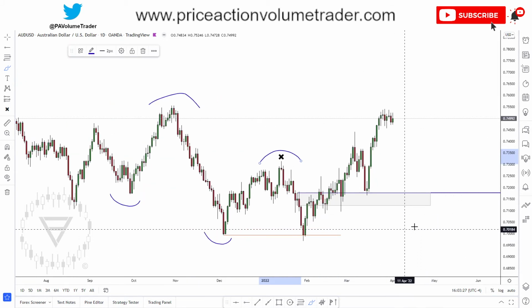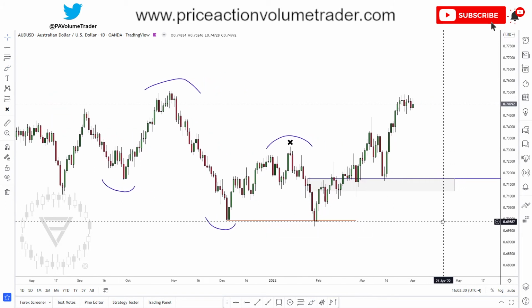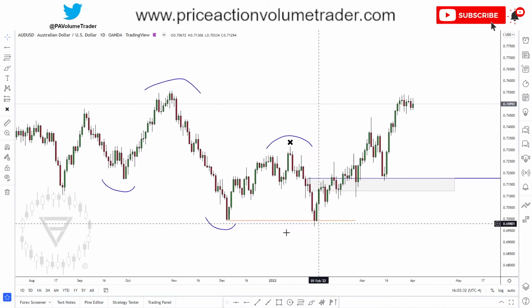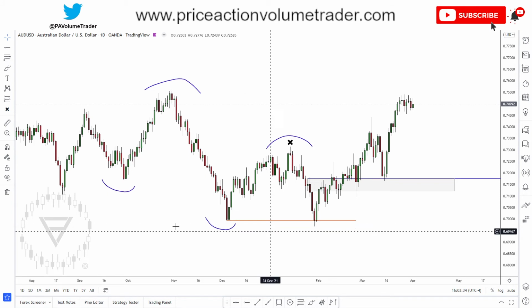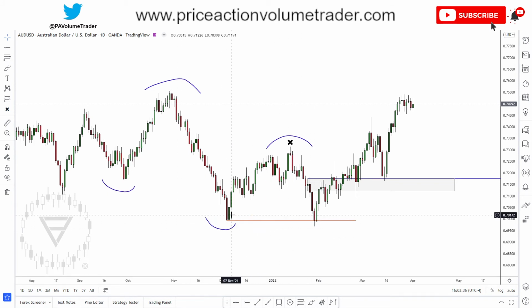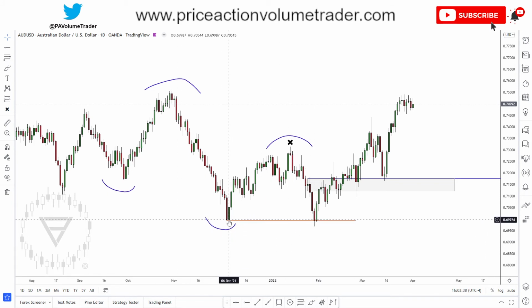And then in this case, we come down and sweep this previous low. And again, the more time that has passed between the last swing and the sweep, the better.